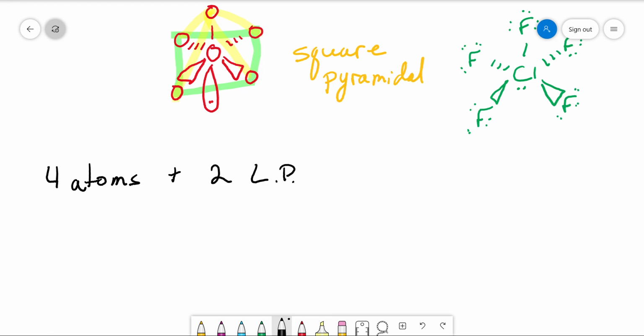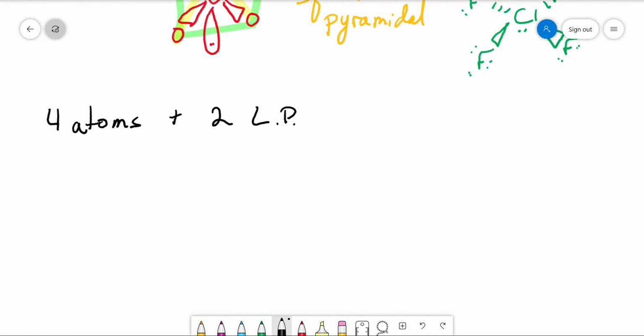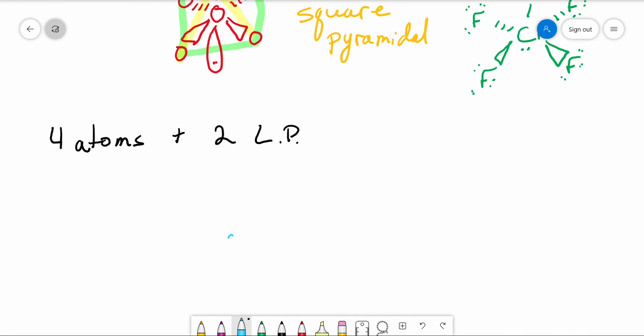So we're going to put it exactly opposite where the first lone pair went. So it's going to go on the top of the pyramid there. So central atom, lone pair, and like I said, put that other lone pair exactly opposite. Atom, atom, one more.